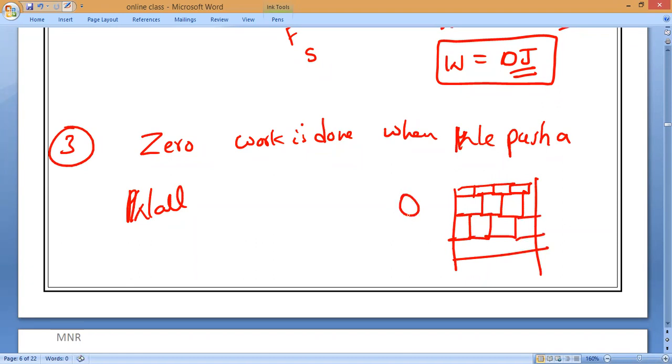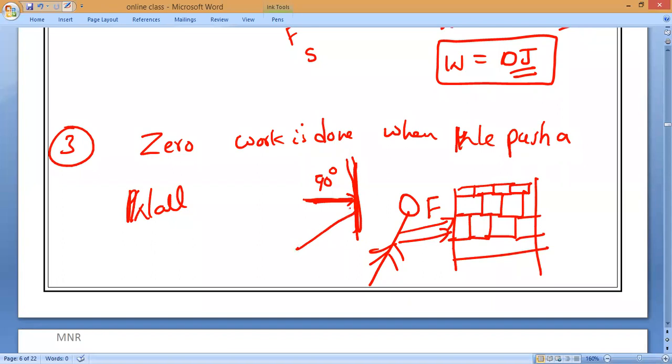Now let me imagine Harish is applying force. He is doing exercise and trying to apply the force in this direction, not perpendicularly, but obliquely. In this case force is there and theta is also not 90, but something is zero. If he applied it exactly like this, we could consider theta equal to 90 degrees. So now tell me, in this case also work done is zero.